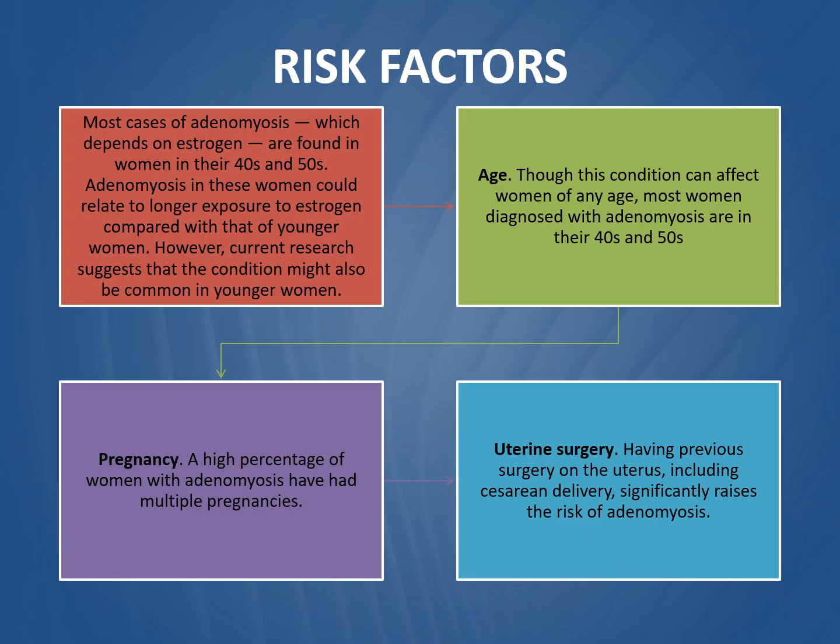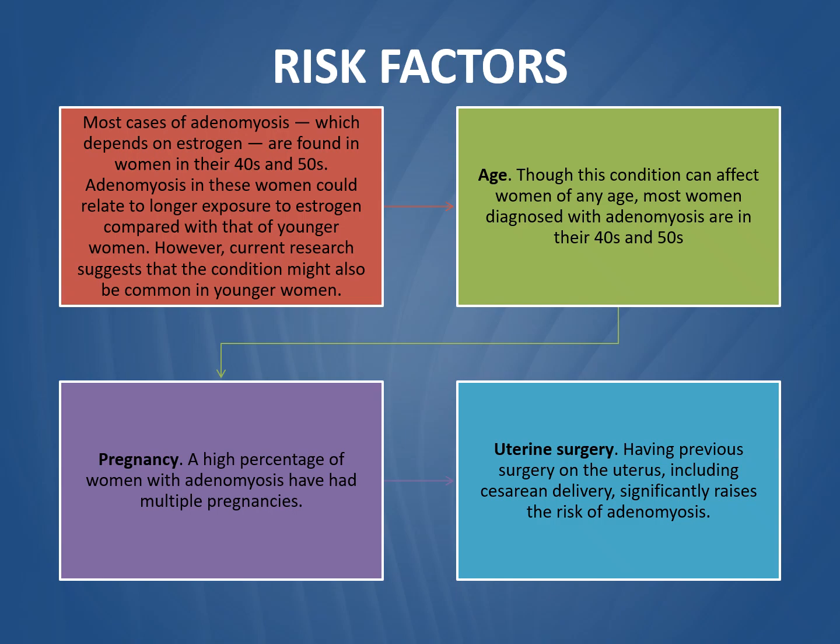Several factors increase the likelihood of developing adenomyosis. First one is age. The condition is most commonly diagnosed in women aged 40 to 50 years. Second, multiple pregnancies. Repeated pregnancies may alter the uterine wall and increase the chance of endometrial tissue invading the muscle.